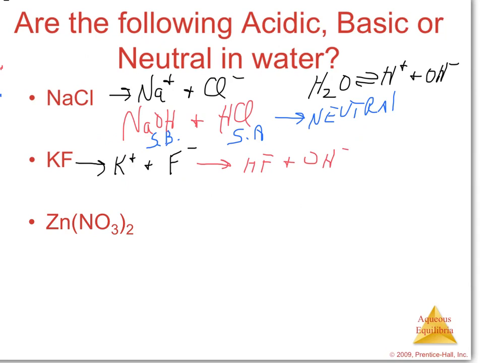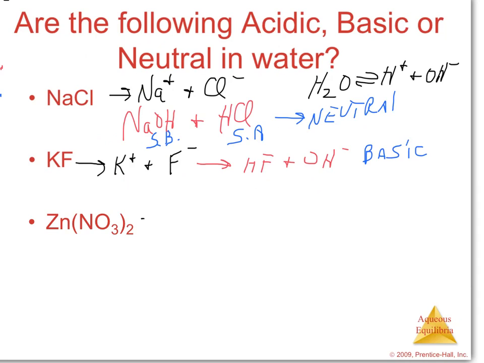So the fact that I actually generate OH minus from this means that this is going to be a basic solution. Right? Because fluoride ion wants something from water, it reacts to make the HF and give me hydroxide ion, which generates a basic solution.